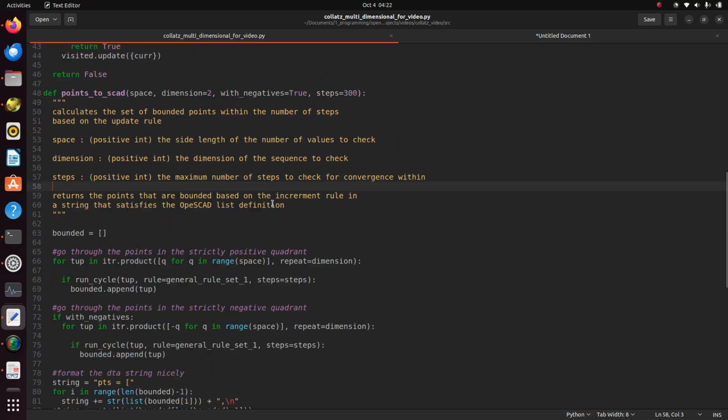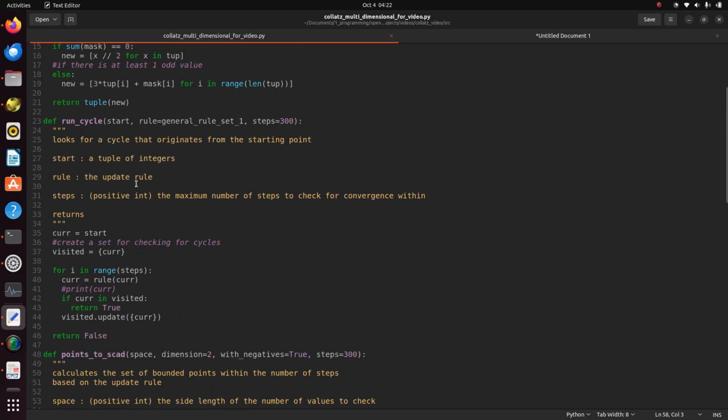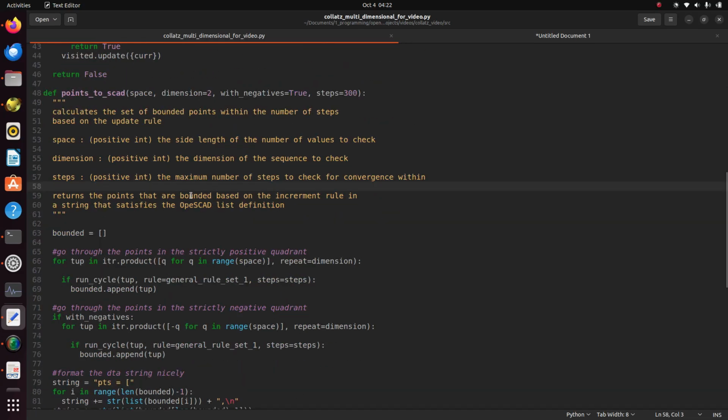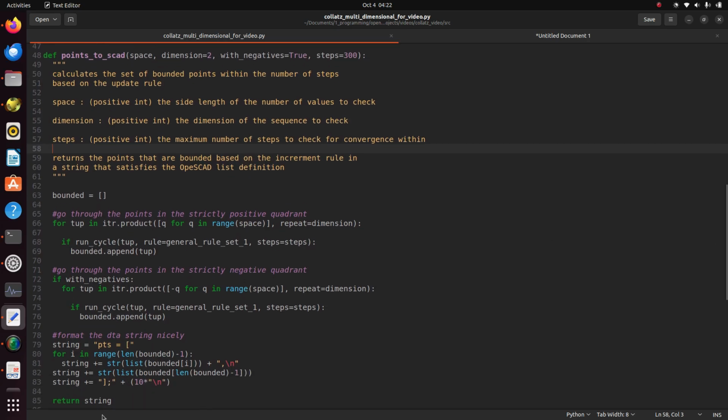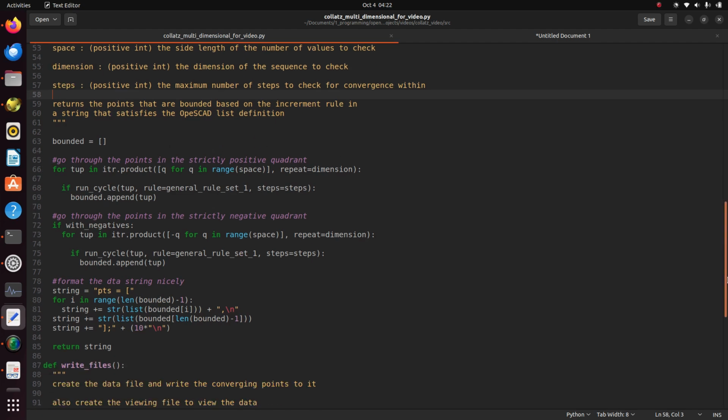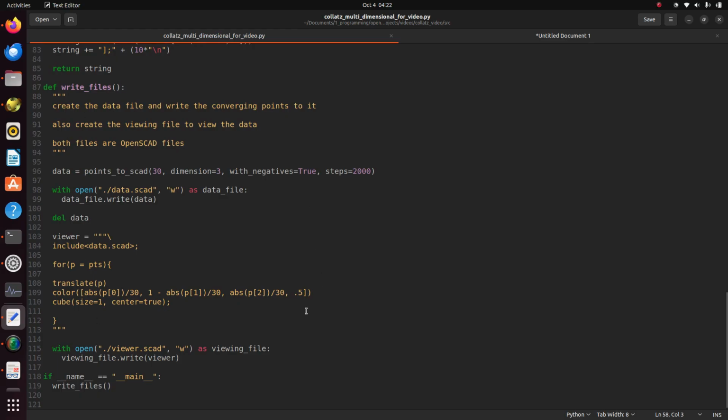It uses this piece of code, the run cycle code, to essentially look for the starting vectors that are bounded and end up in a cycle. And this just essentially writes the files out.